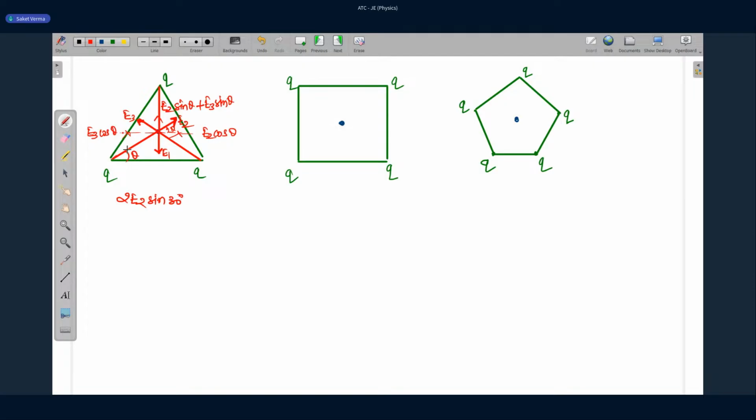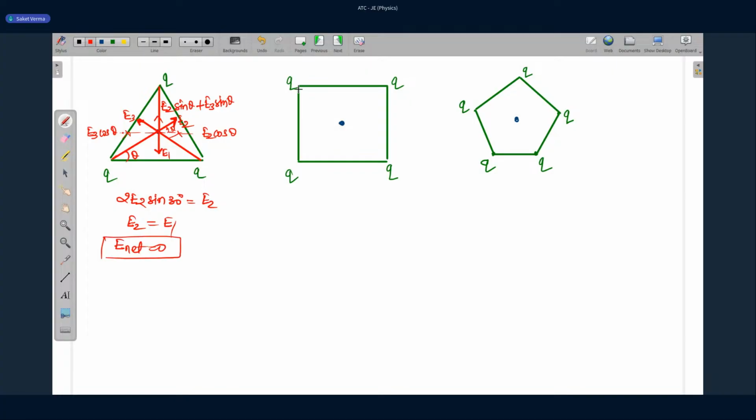Because it is an equilateral triangle, the complete angle is 60, this small angle is 30, so sin theta is one half and this is nothing but E2. E2 and E1 are opposite because the distance is the same, so they will also cancel each other. So the net electric field at the center will be 0.